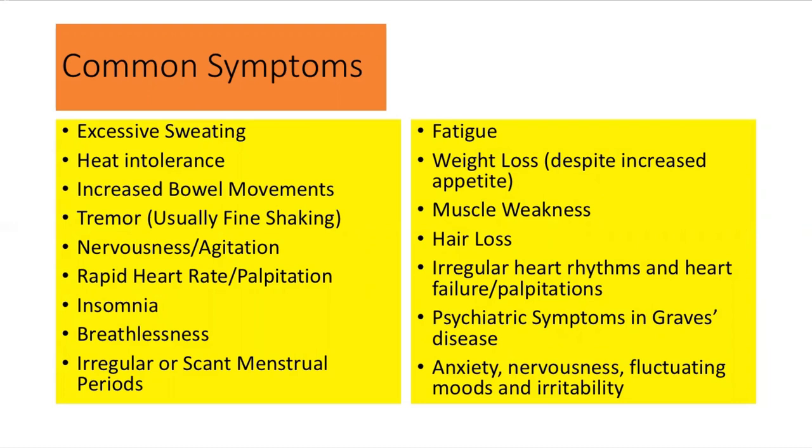Very important: rapid heart rate and palpitations. These are cardiac manifestations of Graves' disease; we have to keep in mind that people who have palpitations and rapid heart rate may have a thyroid problem. Also irregular heart rhythms, palpitations, and heart failure. So we must think of the heart in cases of thyrotoxicosis. Then weight loss despite increased appetite, there may be muscle weakness, irregular menstrual periods as we said, insomnia like the case of Shadia.